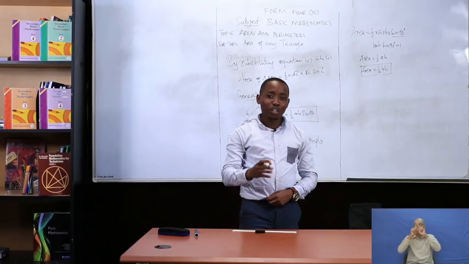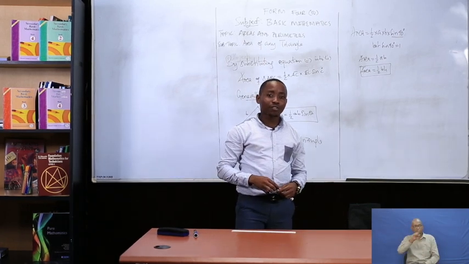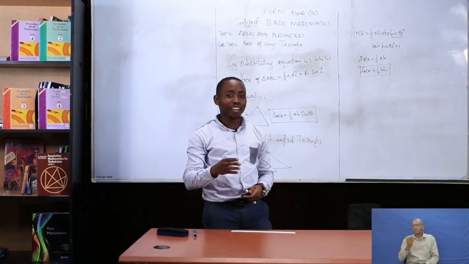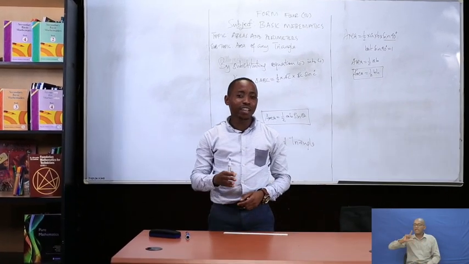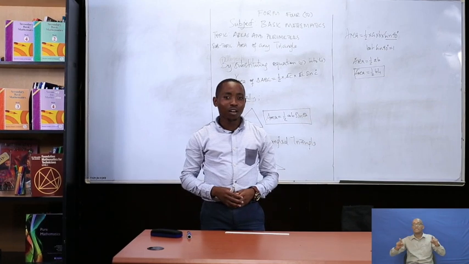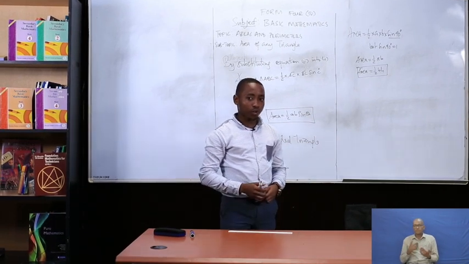It's my hope that we are together up to there on how to derive a general formula concerning any triangle. Now, let us see a few examples of solving problems concerning any triangle that we have.